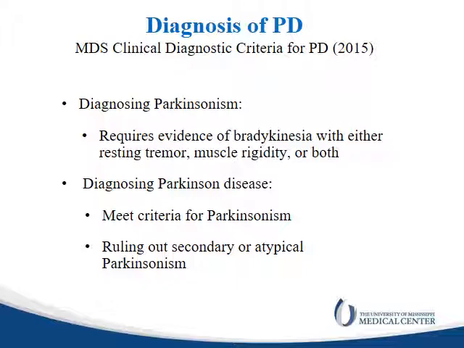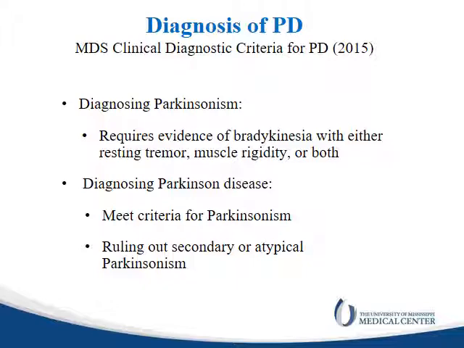muscle rigidity or both. And as you can see, bradykinesia, the slowness, is the most important symptom of Parkinsonism. Bradykinesia plus a tremor or plus muscle rigidity, you can diagnose Parkinsonism.